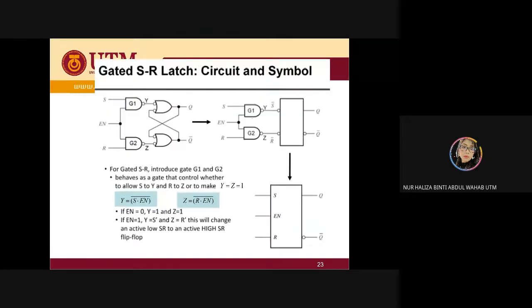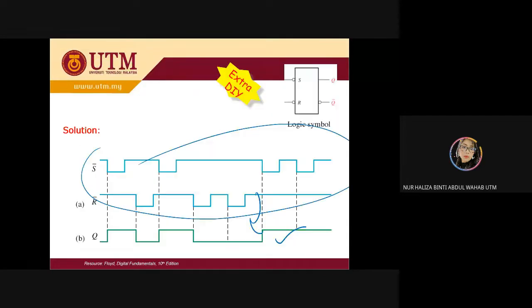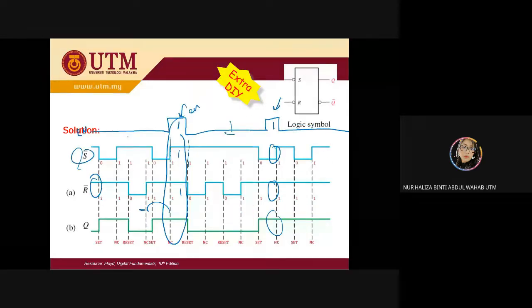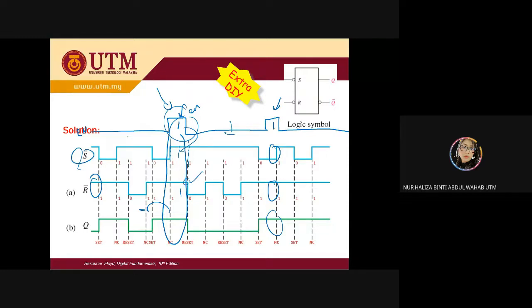That makes it easier for you to get the output, because you just look into the EN first. After you look at EN, then you consider your inputs R and S.